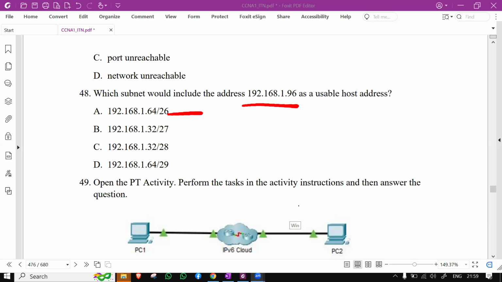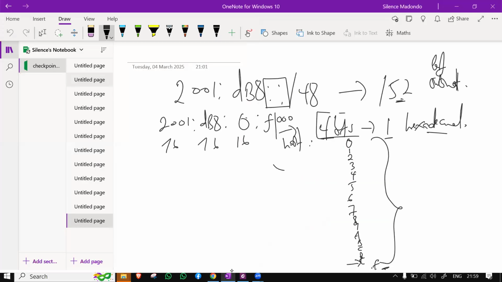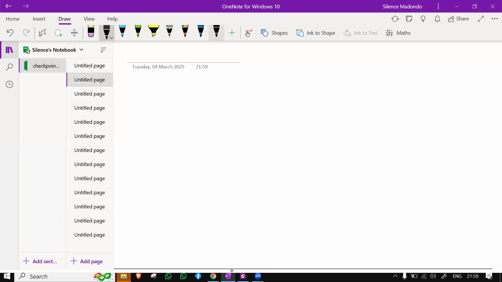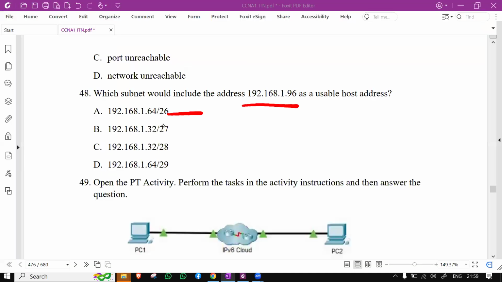So /26, address 64, /27 address 32. So you need to go and get 96 becomes a network ID. It becomes a network ID. 32 plus 64. Voila.